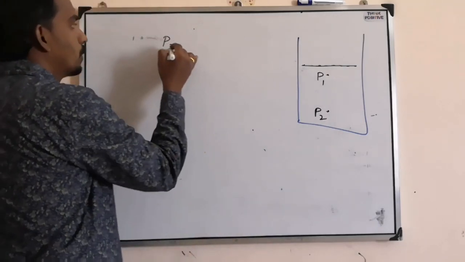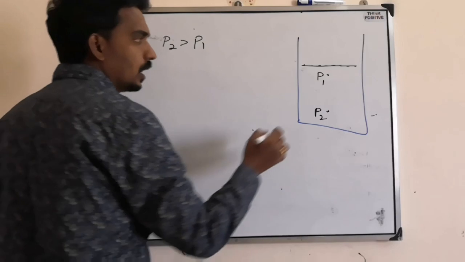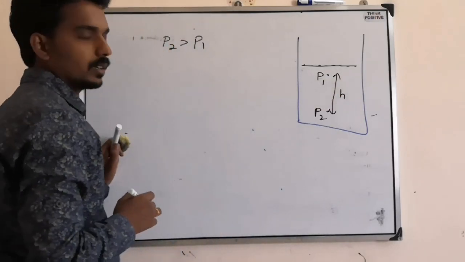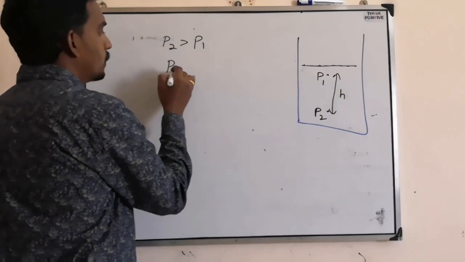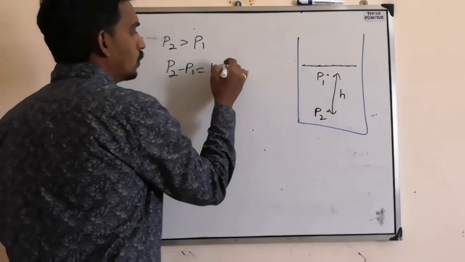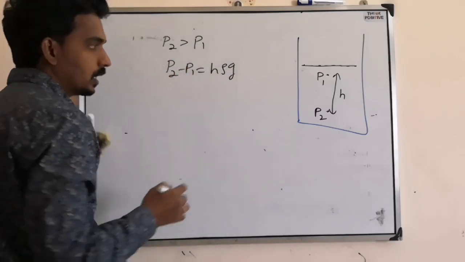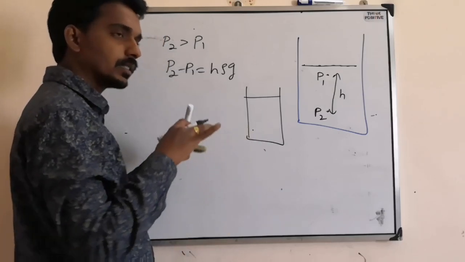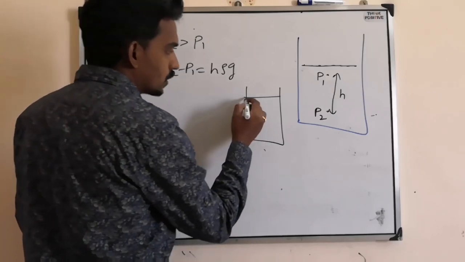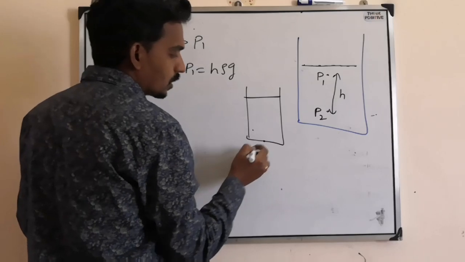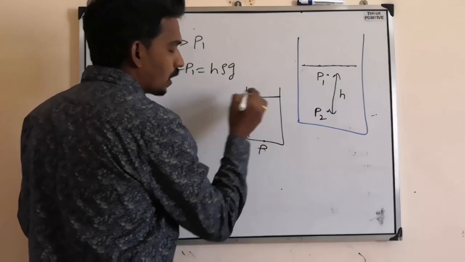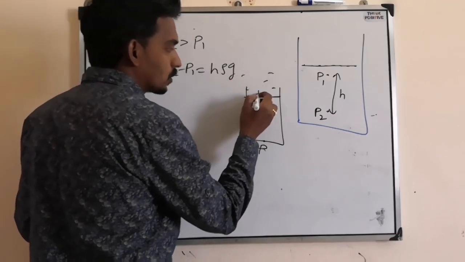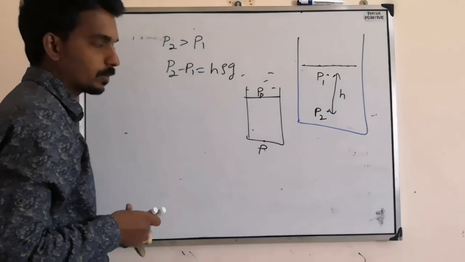So here P2 is greater than P1, and the formula is that if these two points have a height difference h, then P2 minus P1 equals h rho g. Then, if you take a lake, suppose this is the top surface and at the bottom the pressure is P. On the top there is no water, but some atmosphere will be there, so the pressure here is called atmospheric pressure.